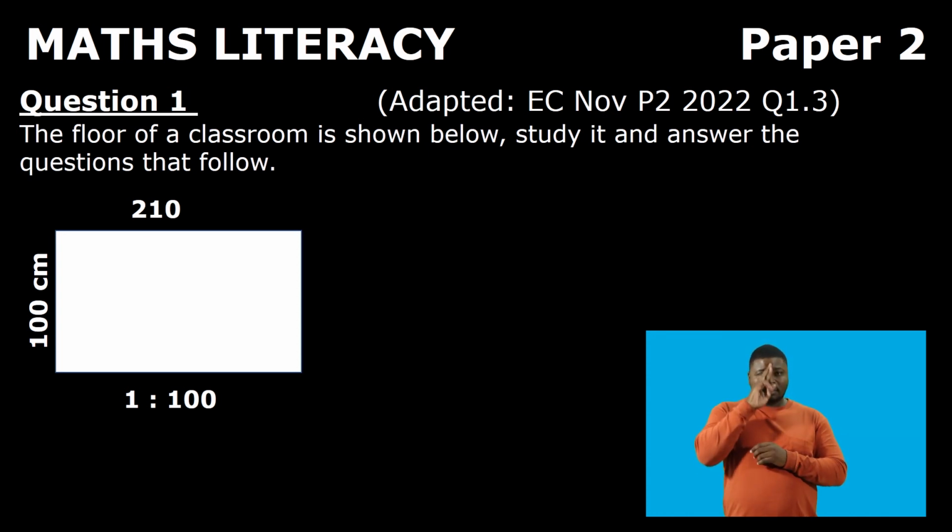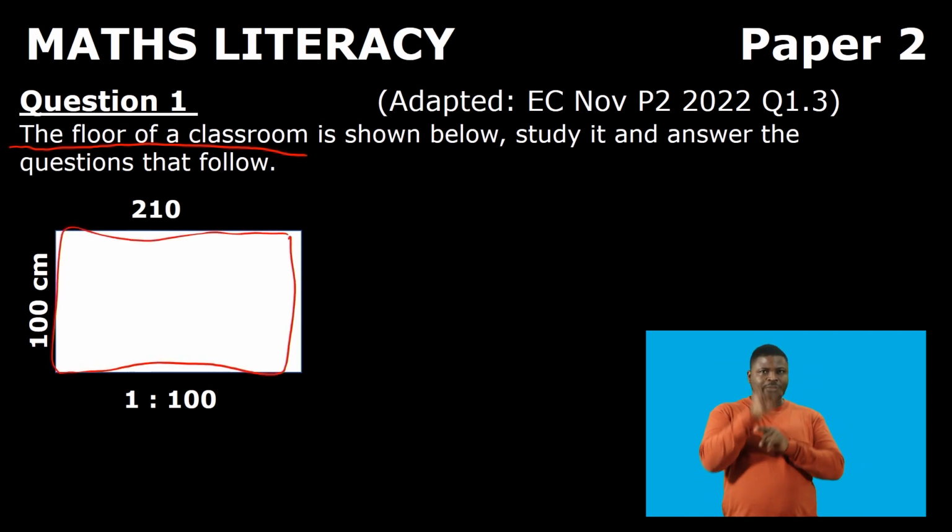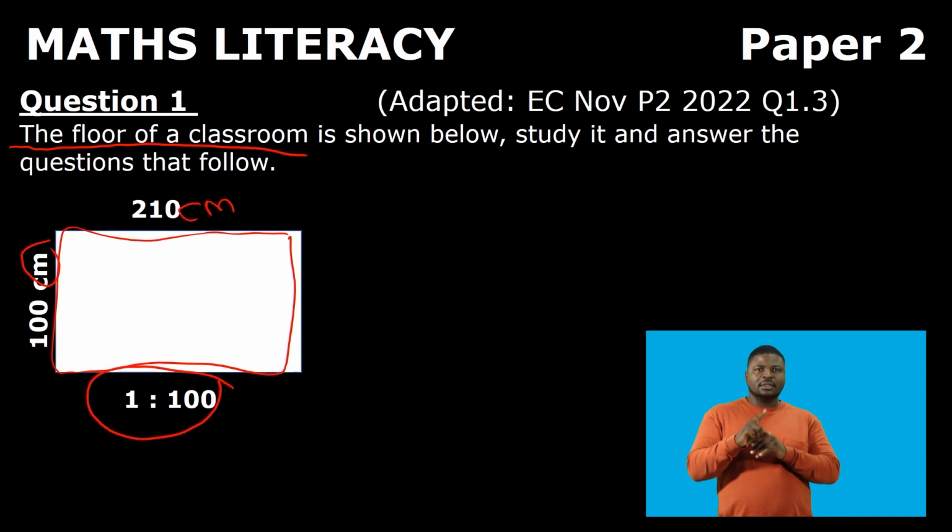If we look at the example, the floor of a classroom is shown below. Study it and answer the questions that follow. So, what is given? We can see this is a rectangle. The units are given in centimeters, so that will be centimeters as well. And we have a scale.